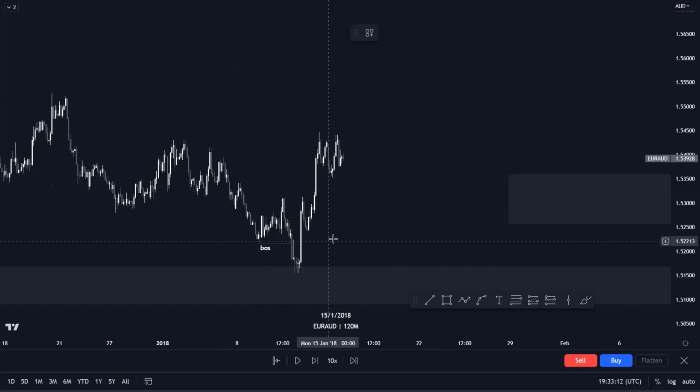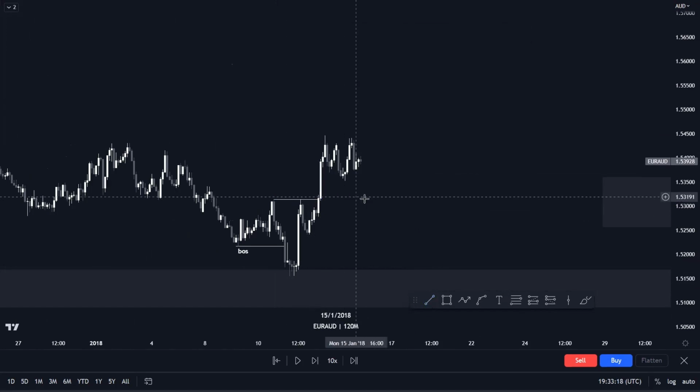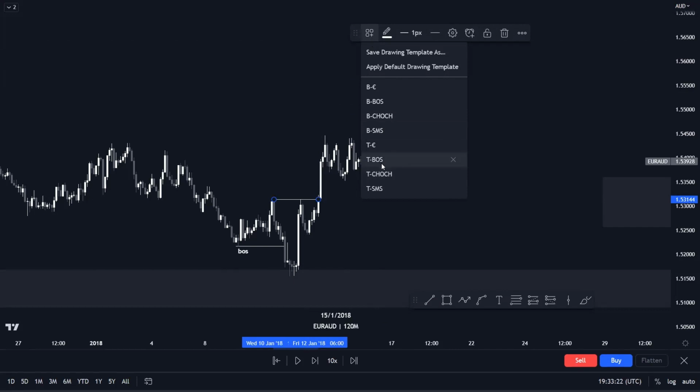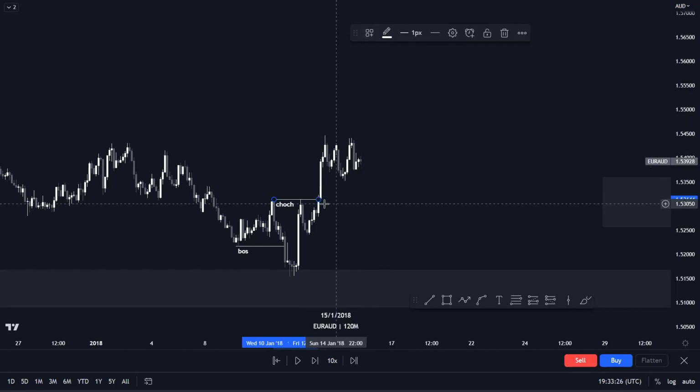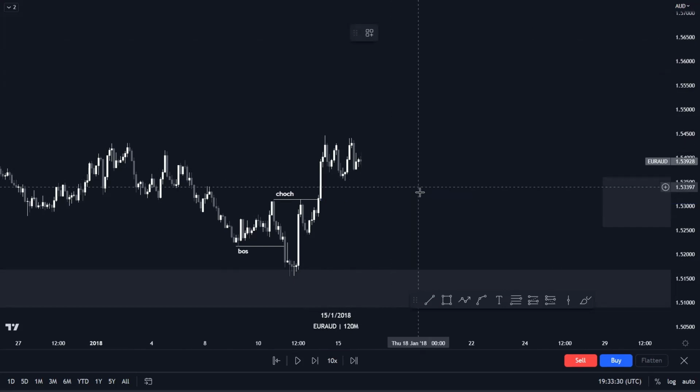Look for your break of structure here, and you're going to look for a break of your previous lower high. A break of your previous lower high will create a change of character.